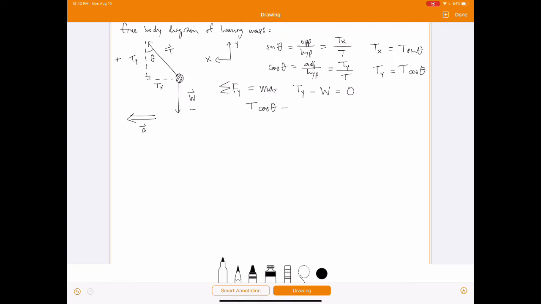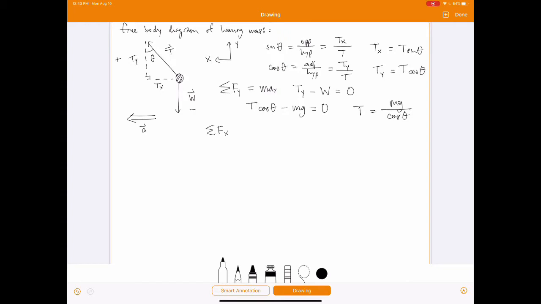And we know that the weight is mg. So T cos theta minus mg is equal to 0. What is that telling us? Well, T, the tension, is equal to mg over cos theta. So that's what we can get by analyzing the forces in the y direction.